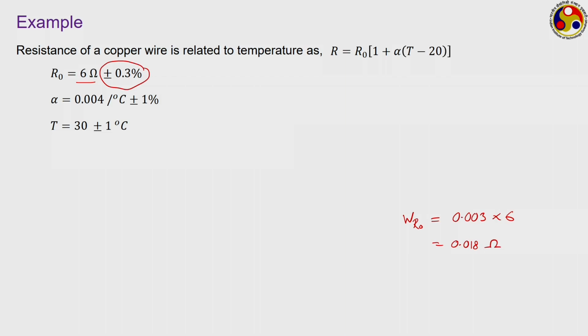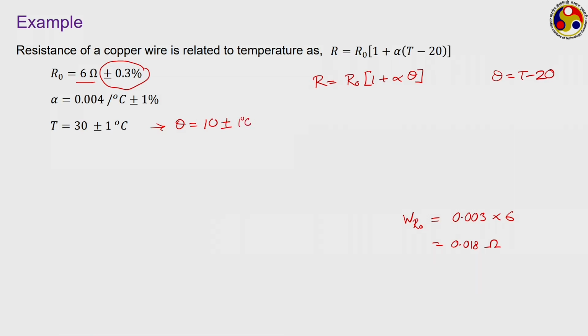Before proceeding, as there is a T minus 20 factor, let us write R equal to R naught into 1 plus alpha into theta, where theta is equal to T minus 20. So accordingly, theta equals 10 plus minus 1 degree Celsius.